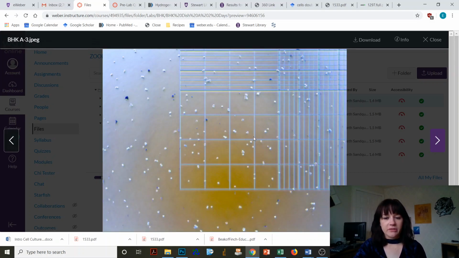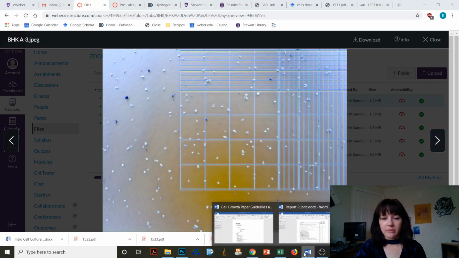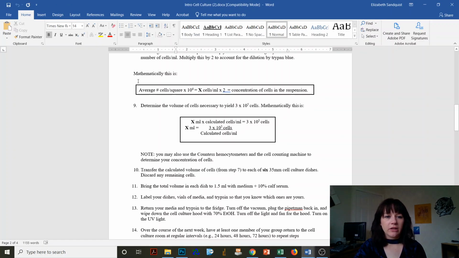So you'll need to do that, and you should enter all of that into an Excel file to keep track of your data. And then if you remember from the lab protocol, here we have a description of how to determine the concentration of cells, right? So that's going to be your concentration of cells.